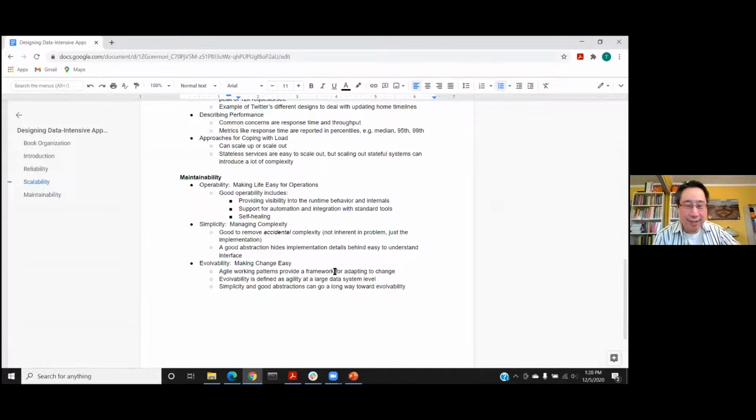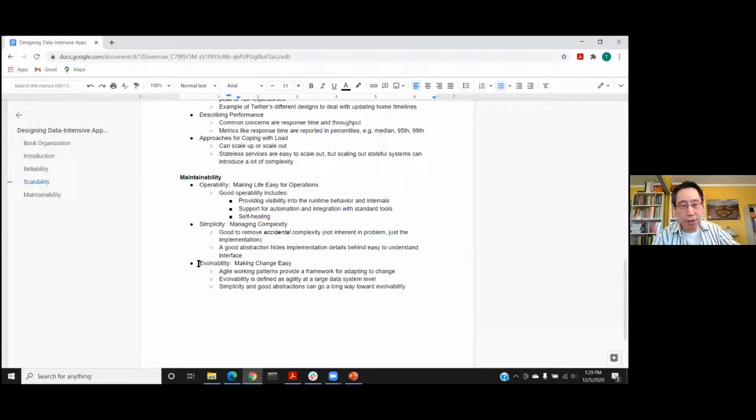Okay, so the last bullet I have on here, I already mentioned evolvability. I'm not sure I completely got his analogy. He talked about agile development, and I understand agile working patterns. Then he sort of said evolvability is agility at a large data system level.